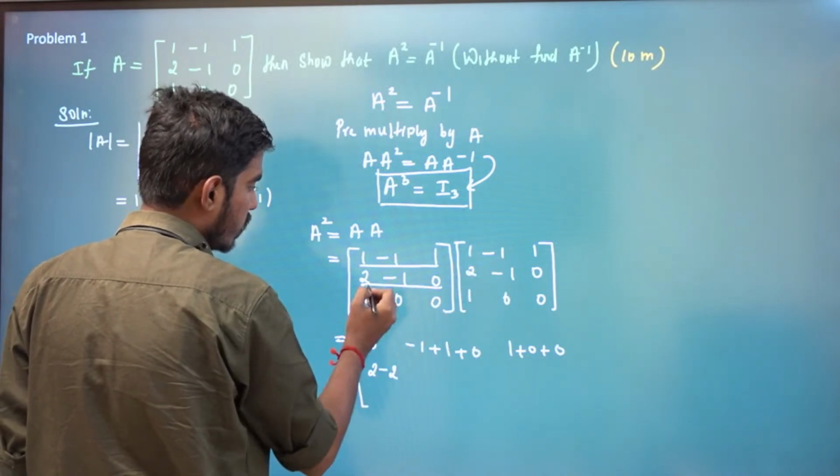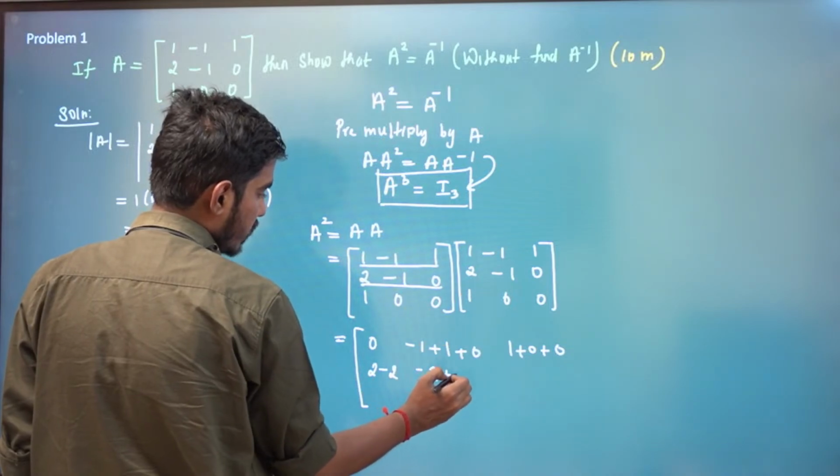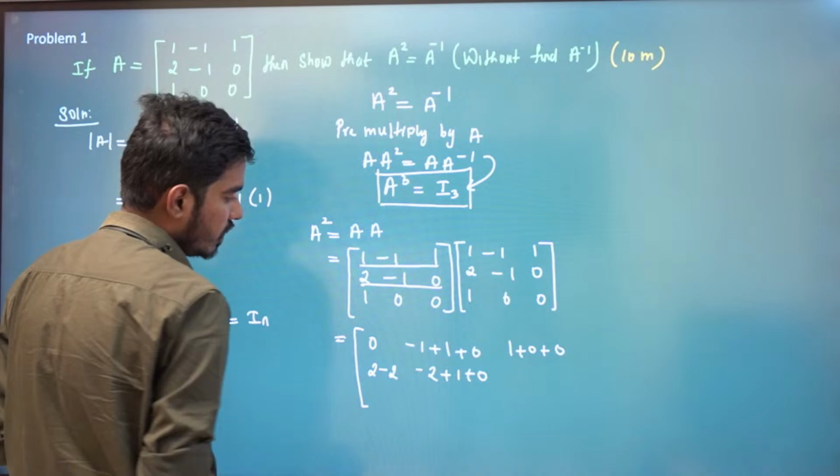Then this row, this column: 2 into minus 1, minus 2, minus 1, minus 1 plus 1, and this will be 0.